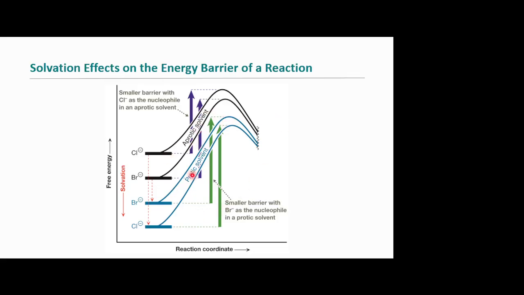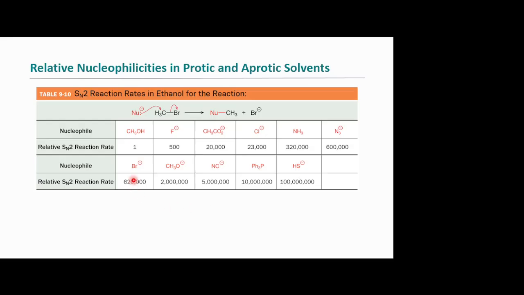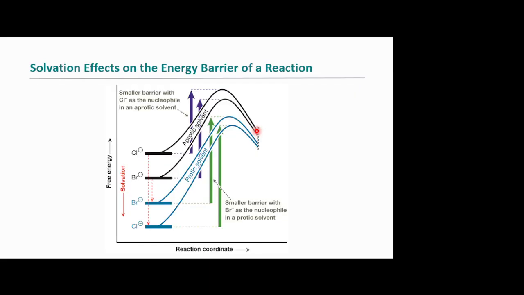And so the better it solvates something, the lower that energy is going to be, right? For example, you see here, chloride is much better solvated than the bromide. And so we get this huge shift in behavior where this bromide just becomes incredibly good versus the chloride, right? Huge difference in the relative reaction rates.